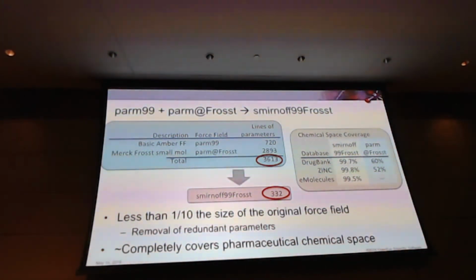Interestingly, the parameters that were in the original Parm@Frosst end up only being able to do less than 2/3 of the two smaller databases, because using atom types, they came up with missing parameters because there was some combination which was missing. This is the plague that we've suffered with for many years.